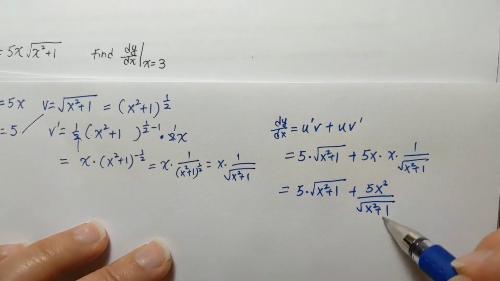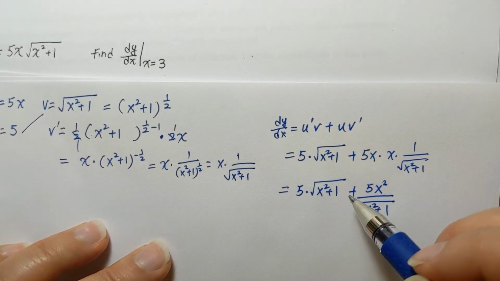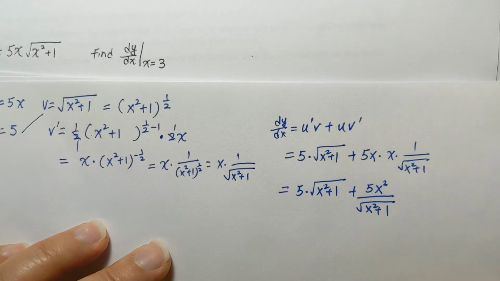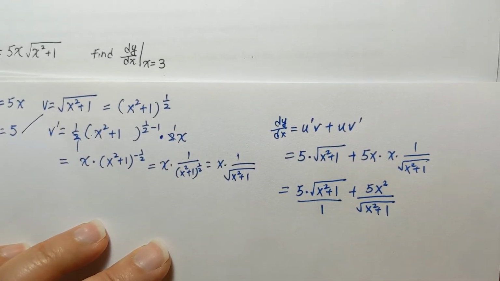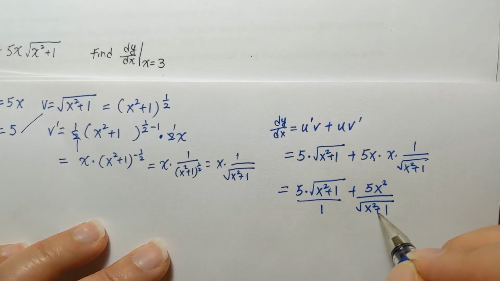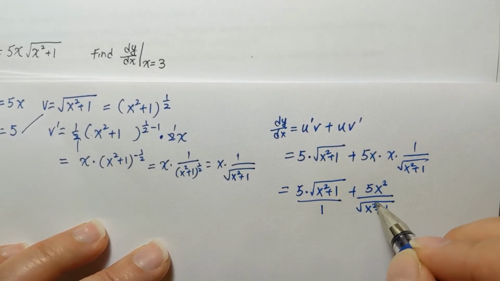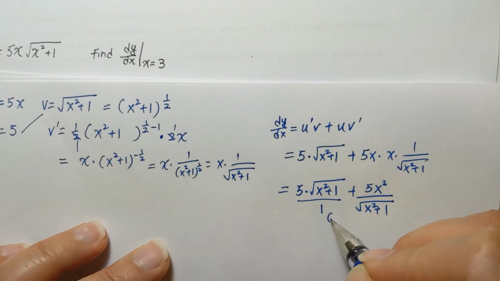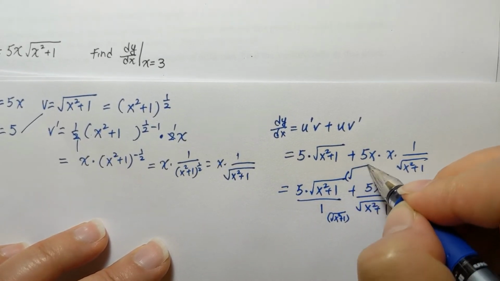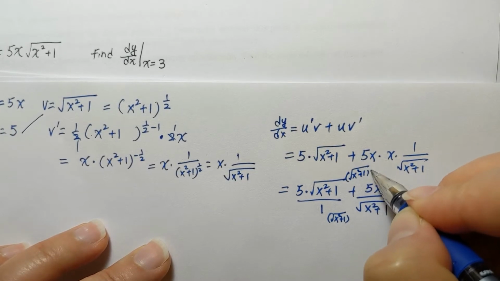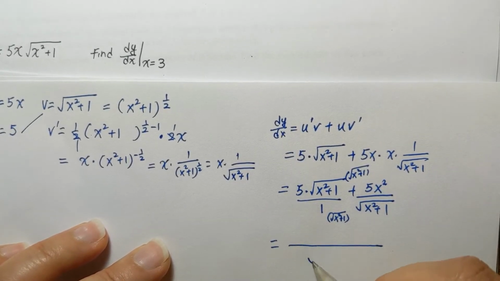Now we have a fraction here, and this is not a fraction. In order to make it into one fraction, we make this denominator 1 and find a common denominator, which is the square root of x squared plus 1. So I multiply by the square root of x squared plus 1 on top and bottom. Now you get the same denominator.